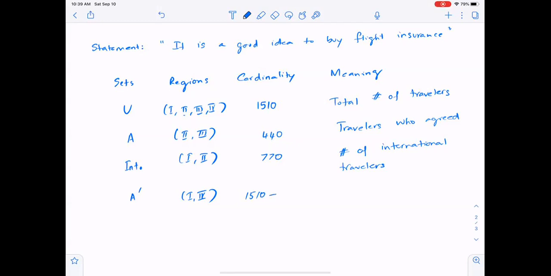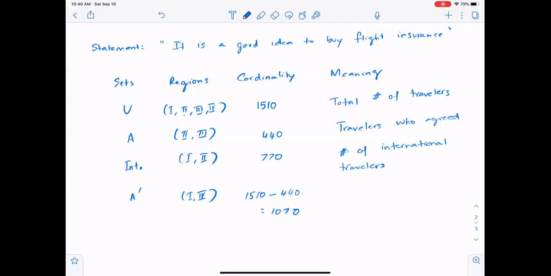I'm excluding all elements corresponding to A, so 440. That would give me 1070. I'm simply subtracting 440 from 1510.